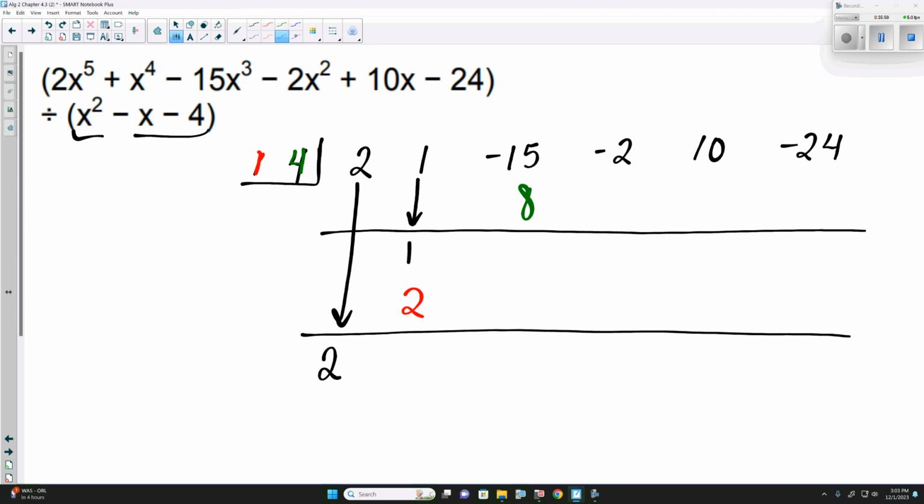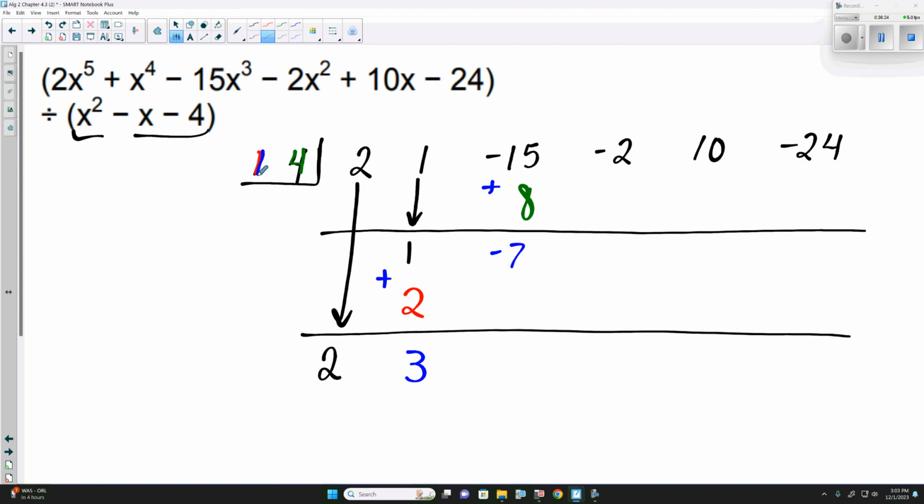Now the next thing we're going to do is add. 1 plus 2 is 3. Negative 15 plus 8. Questions on this so far? Now we're going to do the same process over again.